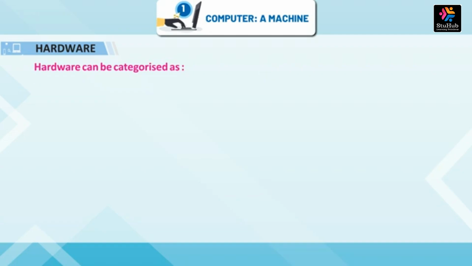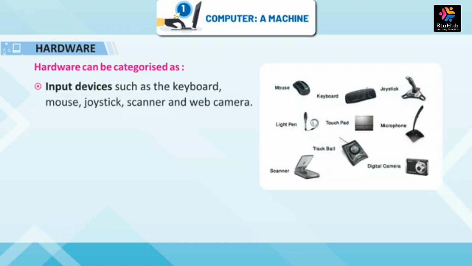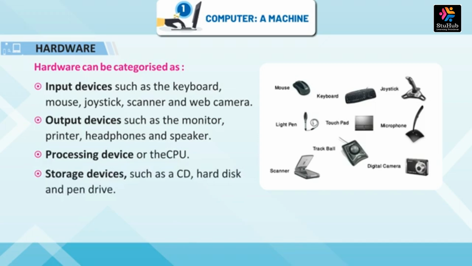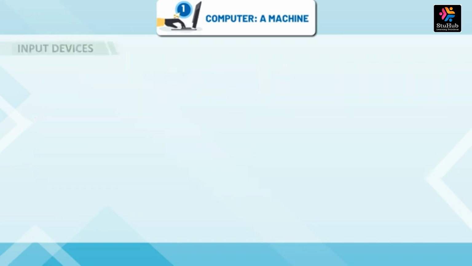Hardware can be categorized as input devices, such as the keyboard, mouse, joystick, scanner, and web camera. Output devices, such as the monitor, printer, headphones, and speaker. Processing device or the CPU. Storage devices, such as CD, hard disk, and pen drive.